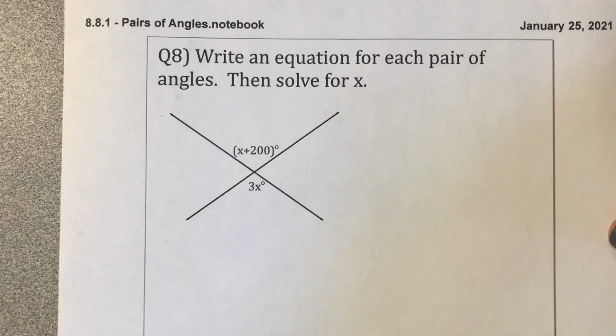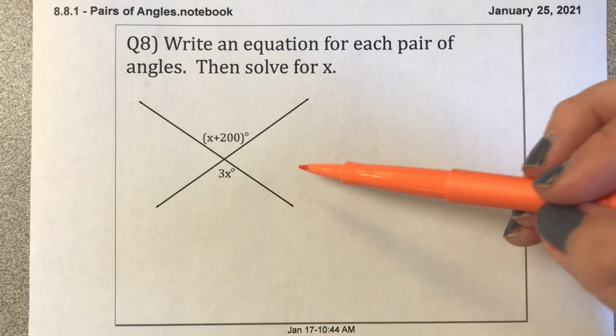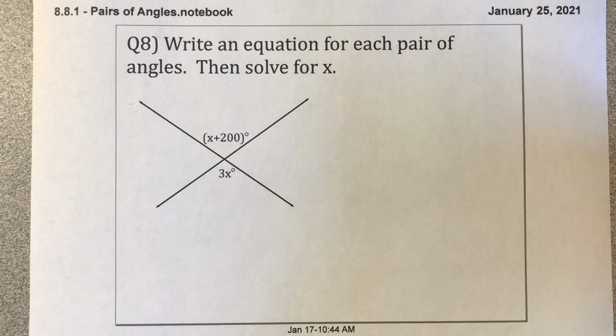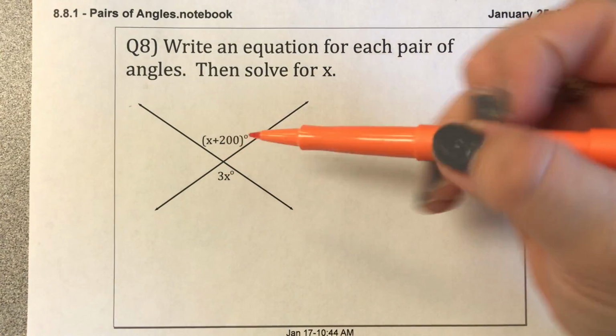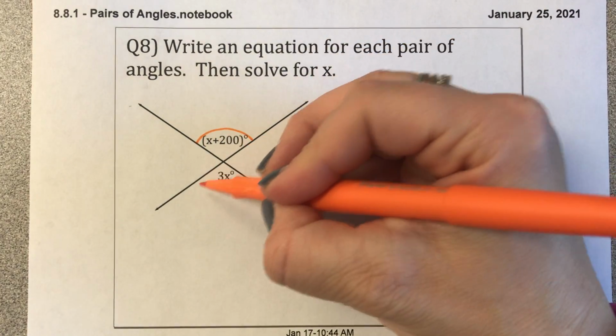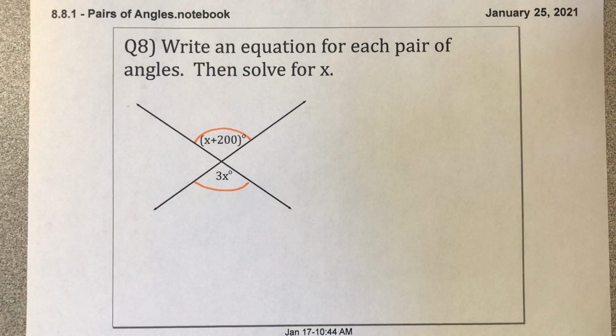Okay, now we're going to combine some algebra skills, things we've done before, with some of the pairs of angle concepts that we learned today. Before you freak out that there's x's, what do I know about this angle and this angle? Are they complementary, supplementary, vertical?